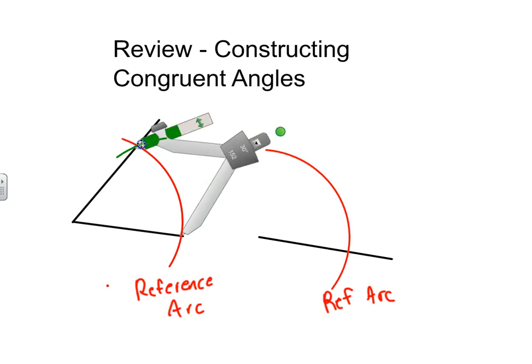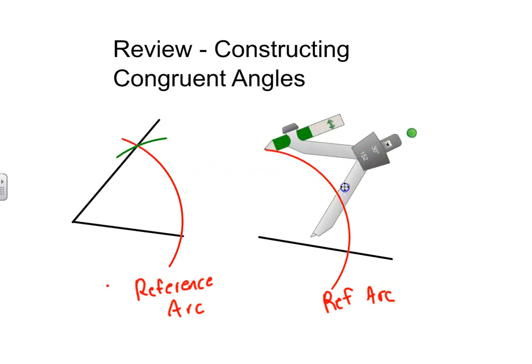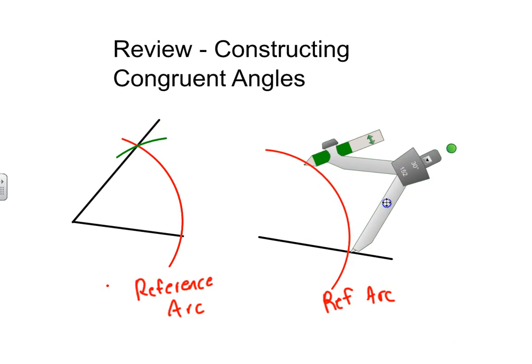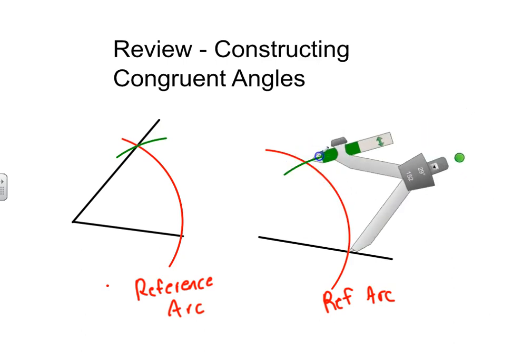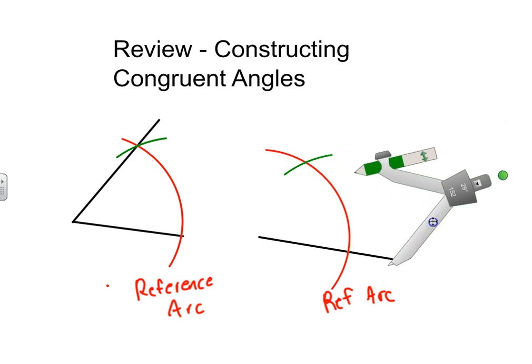You make a mark and then you bring it over to your other reference arc, and that gives you the opening of the angle. So now you have 2 points with which to create our angle. So there we go. We have 2 congruent angles.